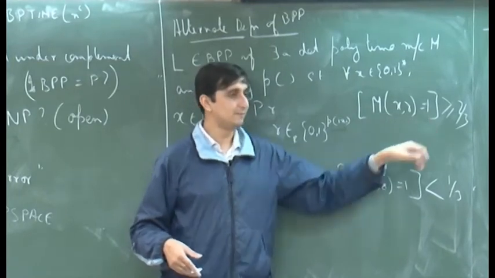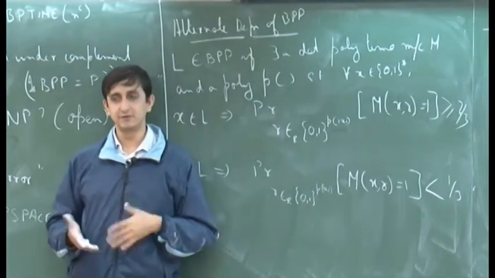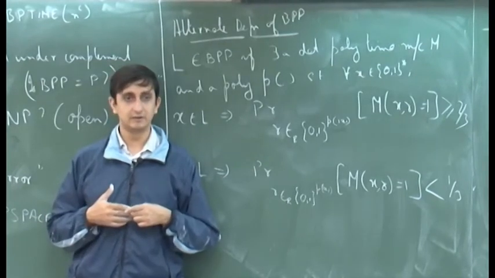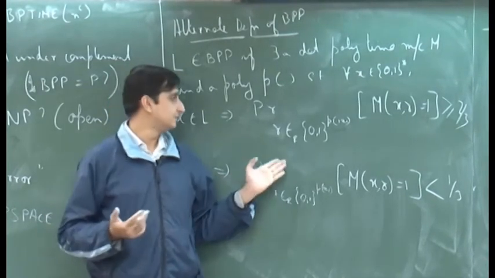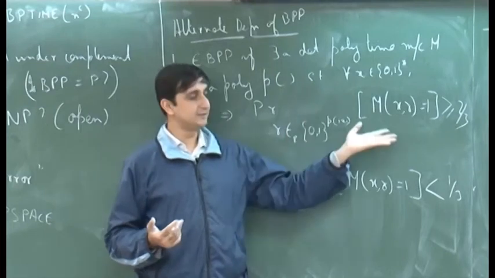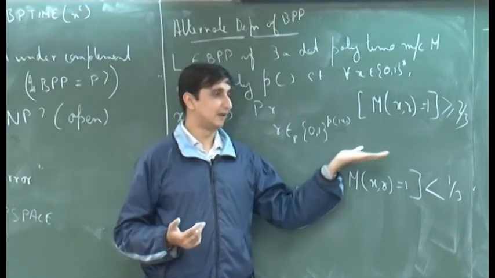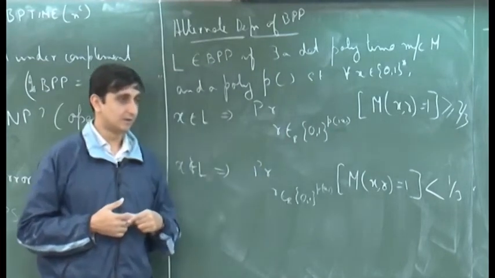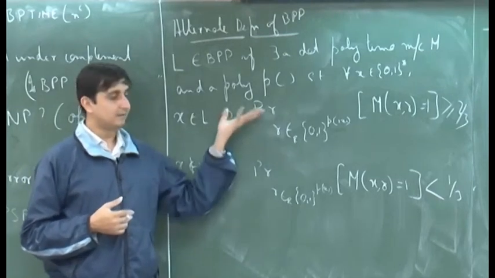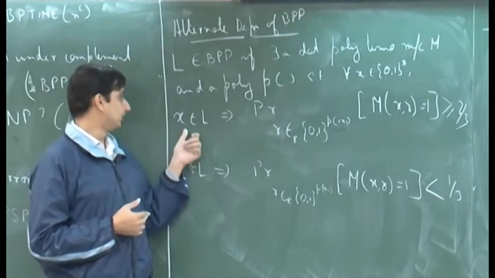If it outputs 1, you increment one counter, if it outputs 0, you increment the other counter. Finally, you check for how many strings you get a 0 and for how many you get a 1. That will allow you to compute the exact probability, and then based on that you can accept or reject.